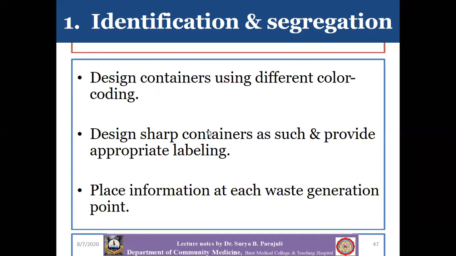Design sharp containers and provide appropriate labeling, and place information at each waste generation point. We need to provide the related information in each place, regarding the process of waste collection, segregation, transport, everything.